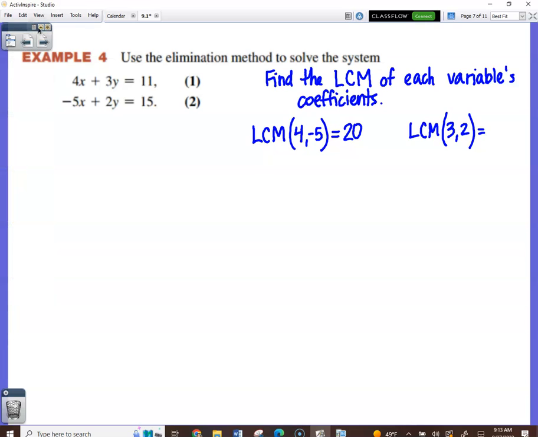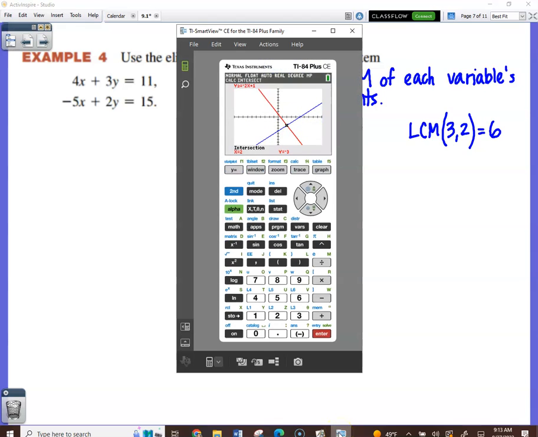If it's numbers you're not familiar with, hit the math button on your calculator. Hit the math button, arrow over to number, and then look at number 8. Math, arrow over to NUM for number.